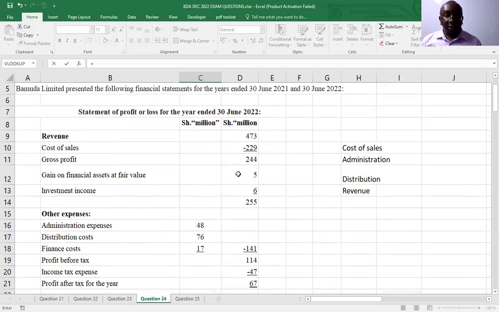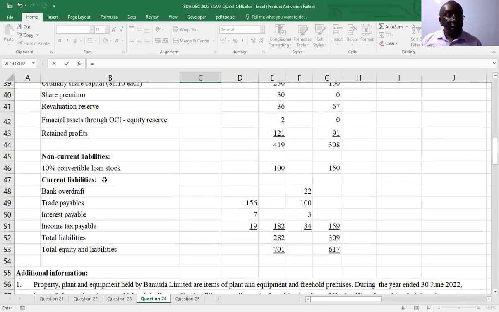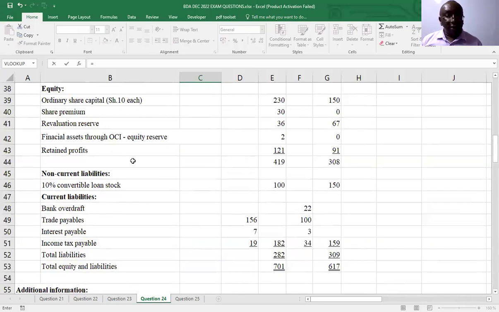You see this one, this gain at fair value. And did they give us a revaluation for that? No. Okay. The one that we had, this one, we used it when we were computing the financial assets.